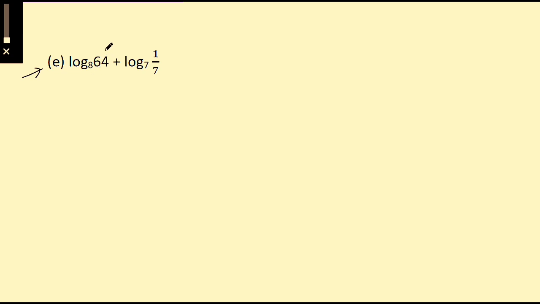Here the question is we have log 64 to the base of 8 plus log 1 over 7 to the base of 7. Now we can write 64 as 8 square, as we know 8 square is equal to 64, plus log 1 over 7, we can write it as 7 to the power minus 1.